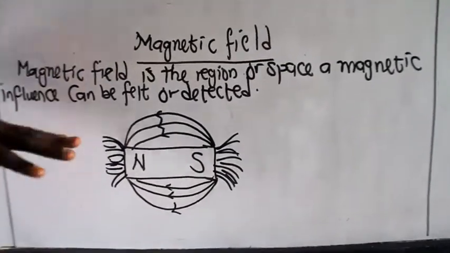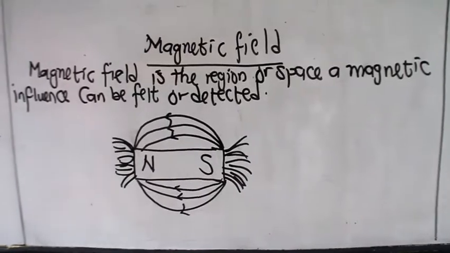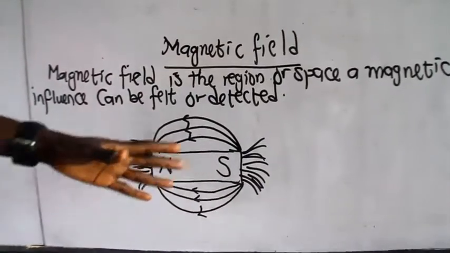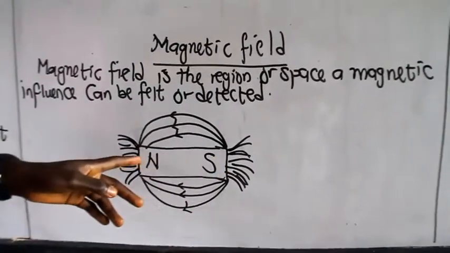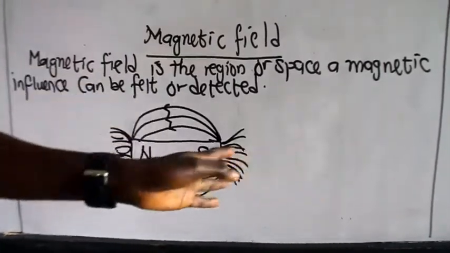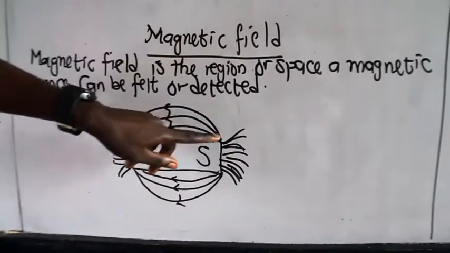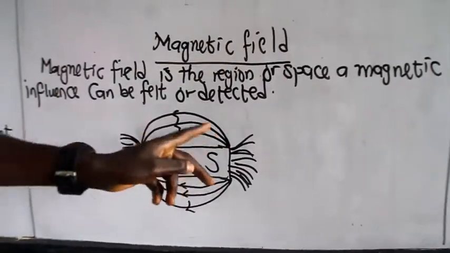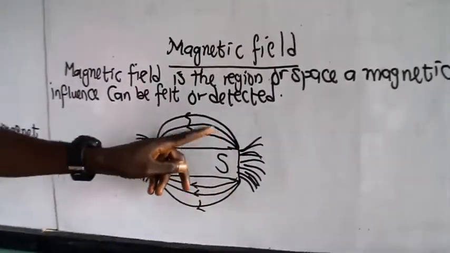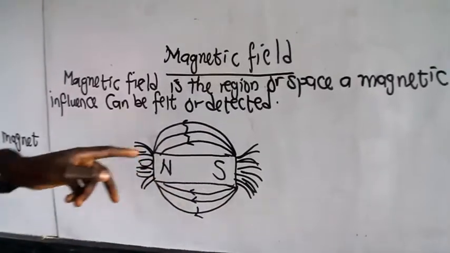The region where you can feel the effect of a magnet is known as the magnetic field. If you look at this, since the poles are far from each other, they do not attract because they repel. But joining both of them, you see there's attraction here, while this is repulsion.